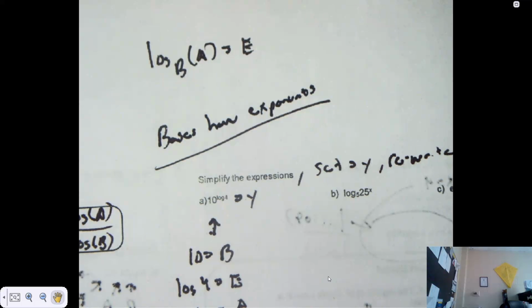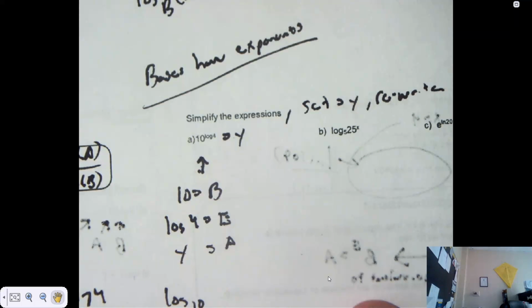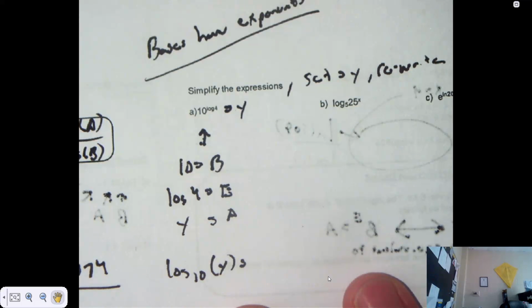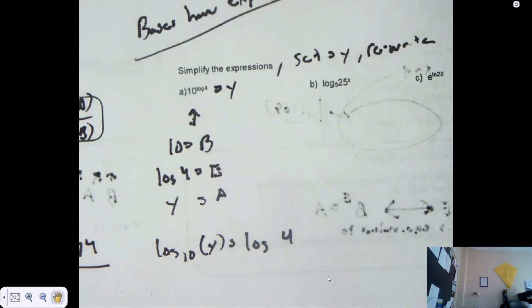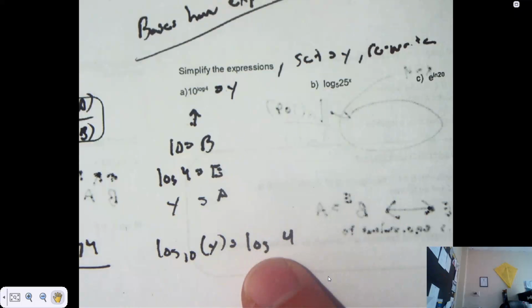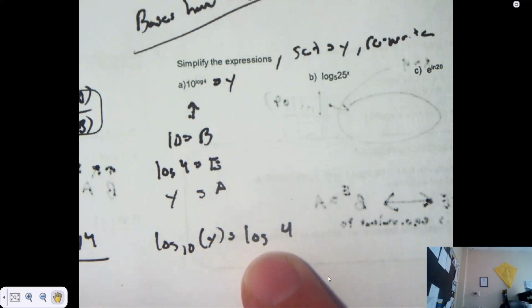Log base b, argument a equals e. Y equals log 4. Now that log 4 has an understood base. What is it? 10.